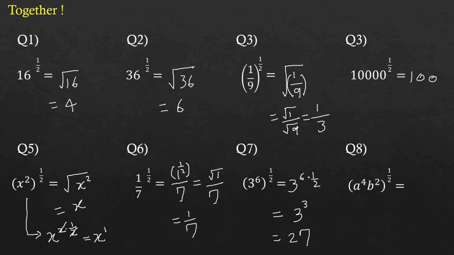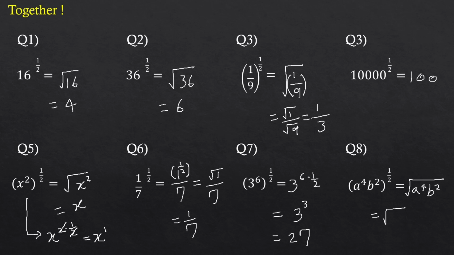Okay, this is the last question. Question 8. A to the power of 4 times b to the power of 2 and everything to the power of 1 over 2. So because we have a bracket, everything should be square rooted, right? Like this.